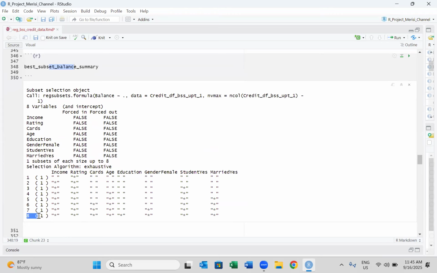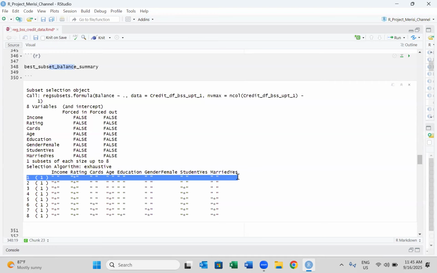Row 1 is telling us what predictor to use if we want the best equation with a single predictor. Row 2 is telling us what 2 predictors to use if we want the best equation with 2 predictors. Row 3 is telling us what 3 predictors to use if we want the best equation with 3 predictors, and so on and so forth.